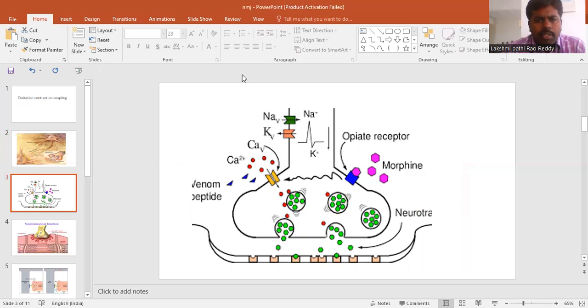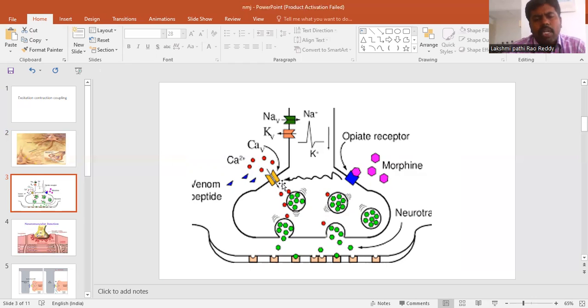So when the action potential reaches the terminal buttons, what happens? The permeability within the nerve fibers changes and it causes opening of the calcium channels. Here, the yellow channels are calcium channels.